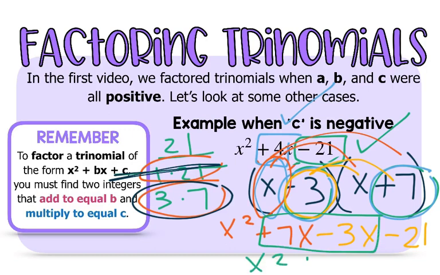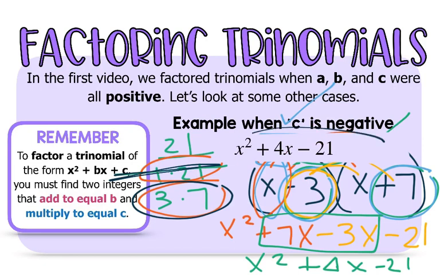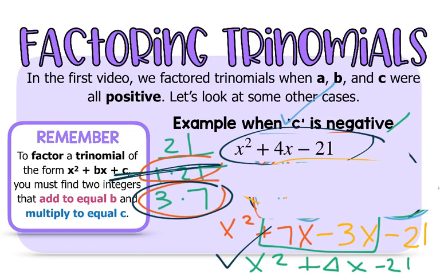And when I put that together, 7 minus 3, I get 4. And does that match the original problem up here? Yes, it does. So I know I have the right answer. So my final answer is this line right here, which I know has gotten messy, so I'll erase and write nice and neat. It was x minus 3 and x plus 7.